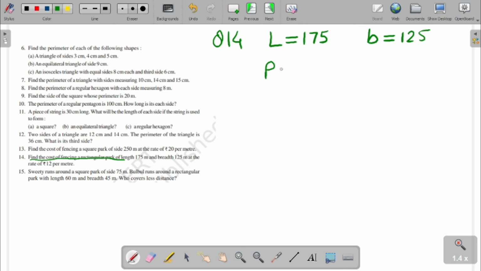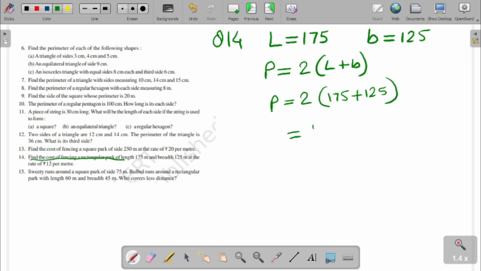In case of a rectangle, perimeter is 2 bracket L plus B. So perimeter is equal to 2, length 175 and breadth 125. So first we will add them.